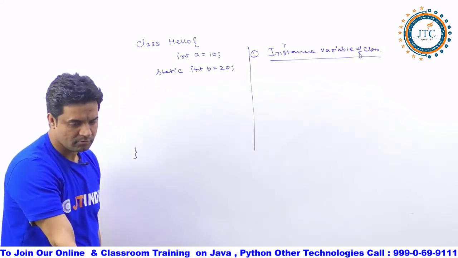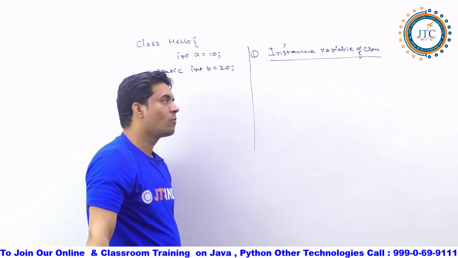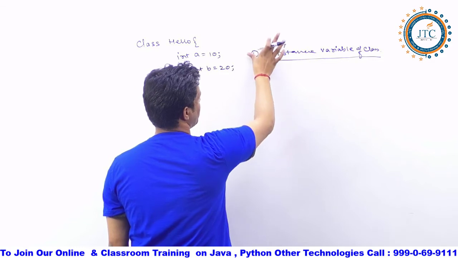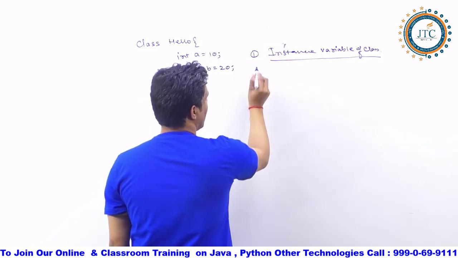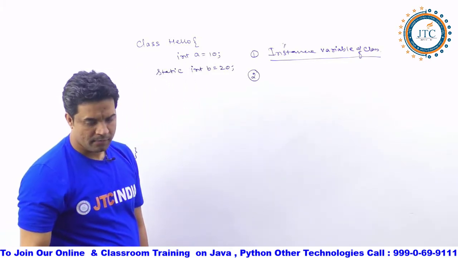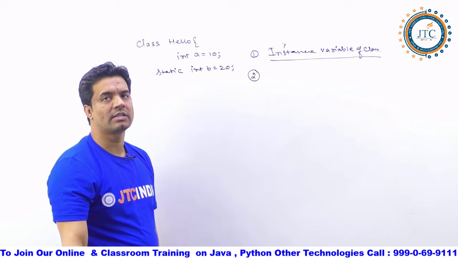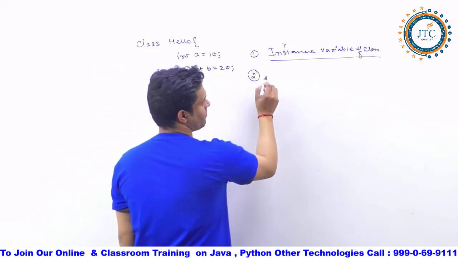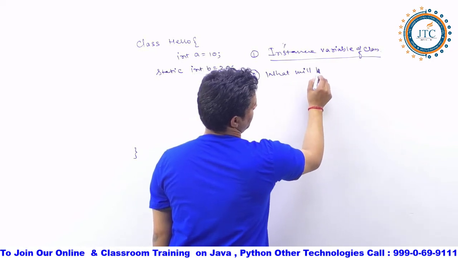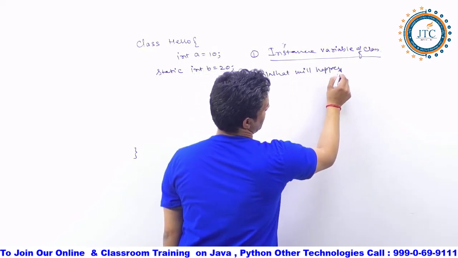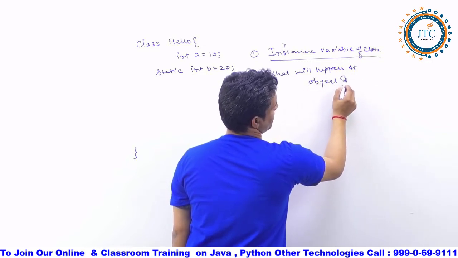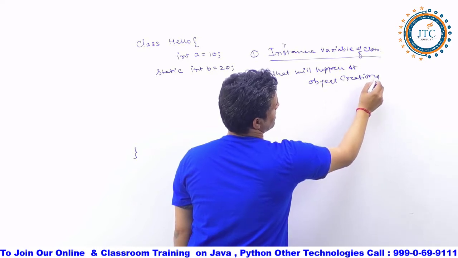And the second one is: what will happen when you create the object of a class, what will happen at object creation time?